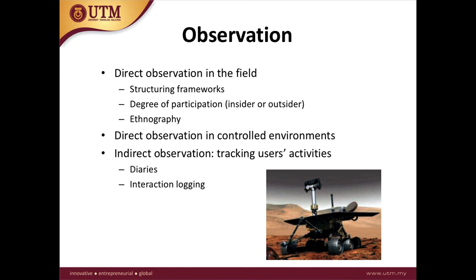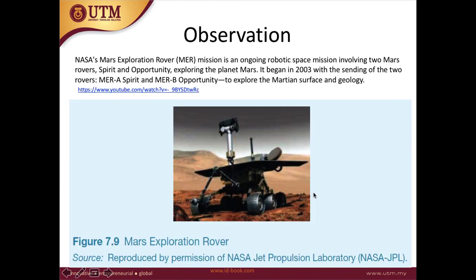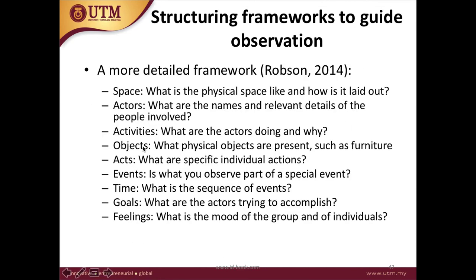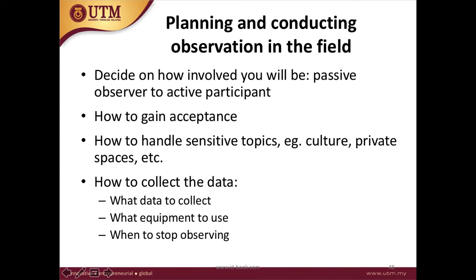What we do is through online, including our class. So it's a kind of using toys, things like that, or robots to help us. Okay, observation. You can read a lot of things here. All right, this is a structured framework to guide observation. Things like this. Okay. All right, I move forward.